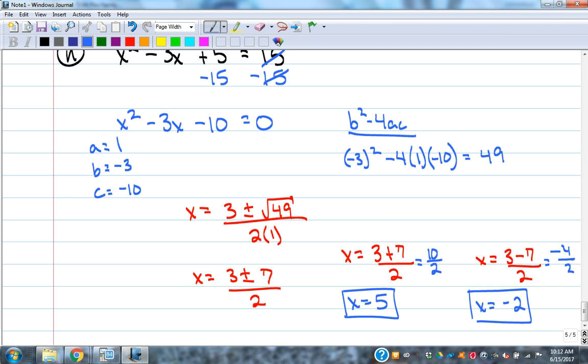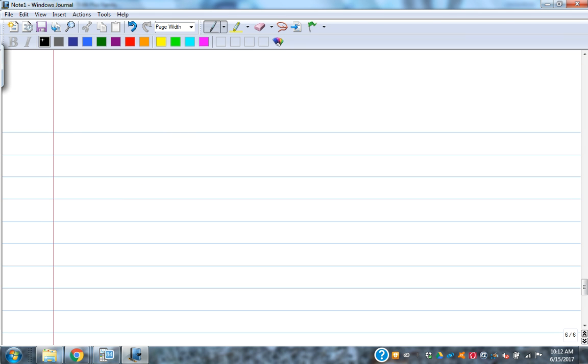I can use quadratic formula to get an answer. There are times that I need factoring. That's why we did it. But quadratic formula is always a nice option to have when you're doing that. So let's look at one more to solve with quadratic formula, and then we'll do some application problems.